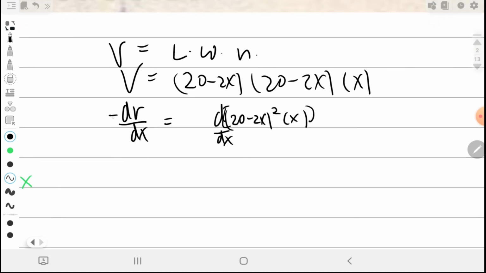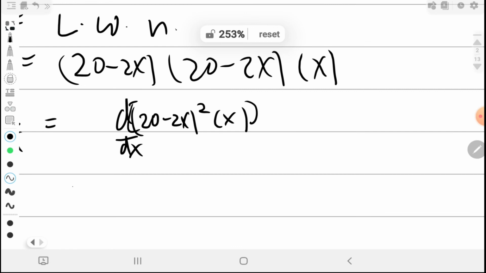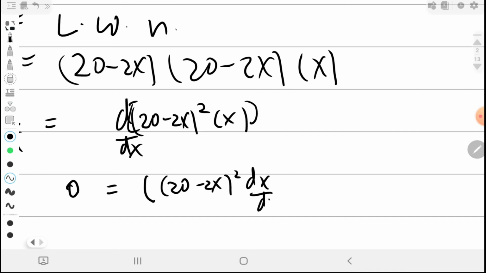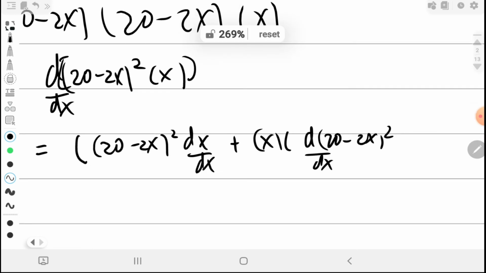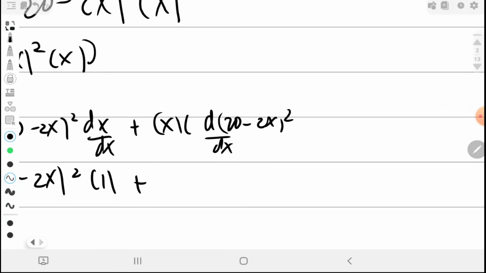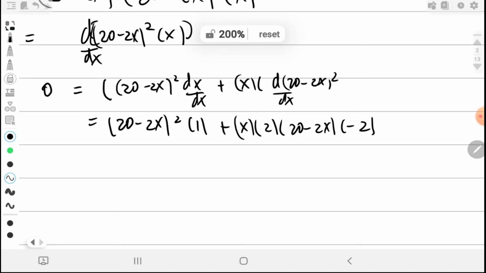So, setting this derivative to be equal to 0, we'll have a value equal to 0 is equal to 20 less 2x squared multiplied by the derivative of x with respect to x plus x multiplied by the derivative of 20 less 2x squared with respect to x. So, from here, I will have a value equal to 20 less 2x squared multiplied by 1 plus x multiplied by 2 multiplied by 20 less 2x multiplied by negative 2.